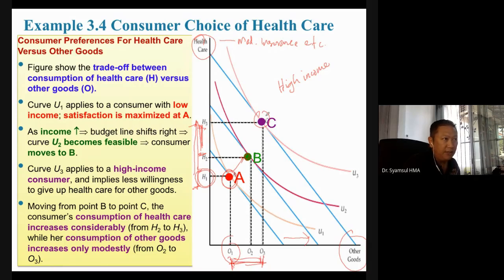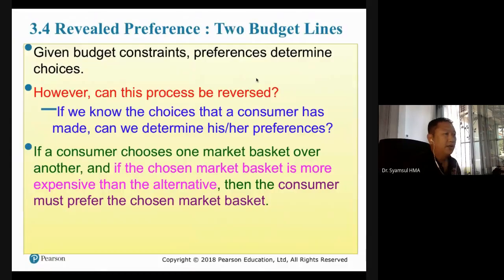So this is an example of one type of consumption. Okay, this is revealed preference. I don't really go into that here, just very shallowly. Given the budget constraint, preference determines choice. However, can this process be reversed?